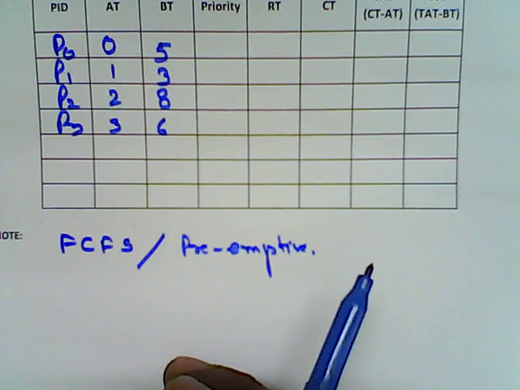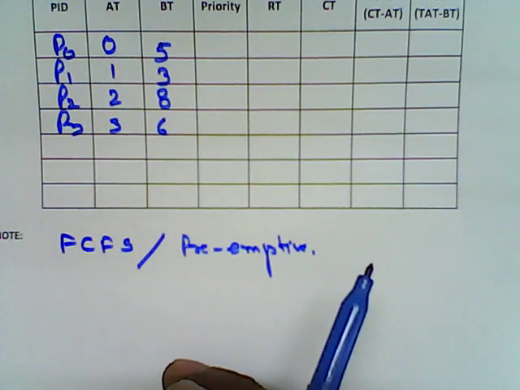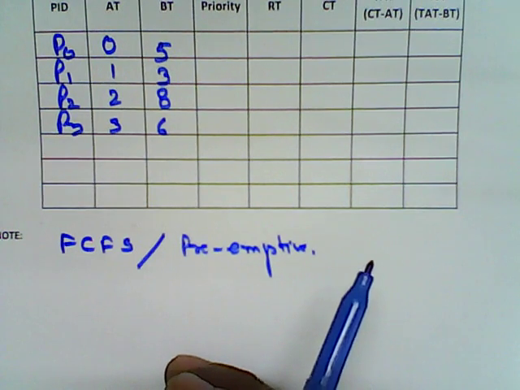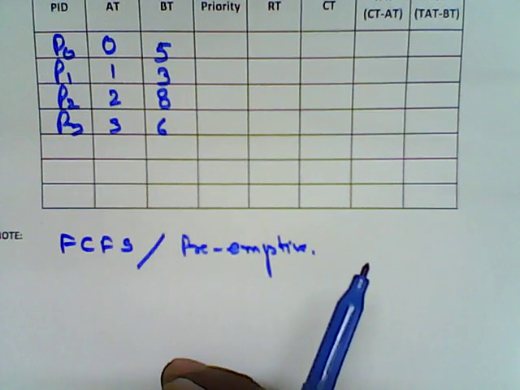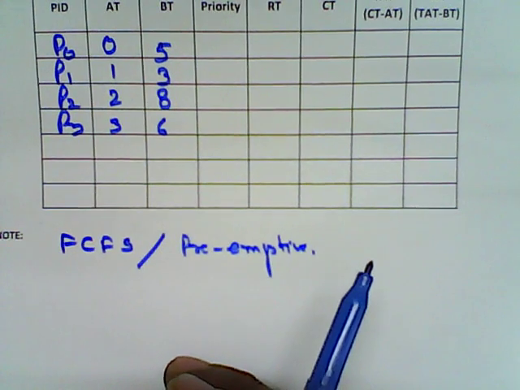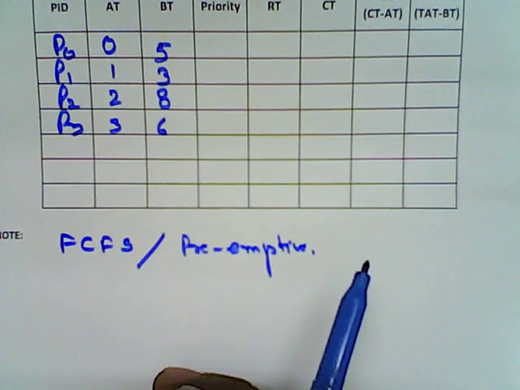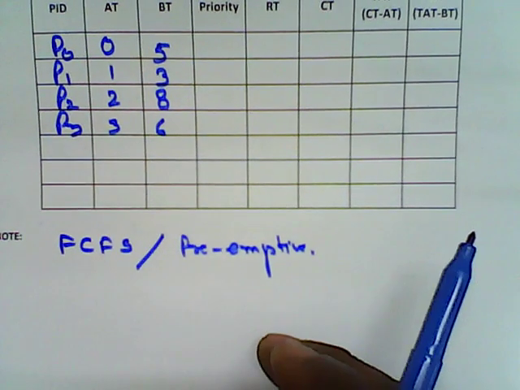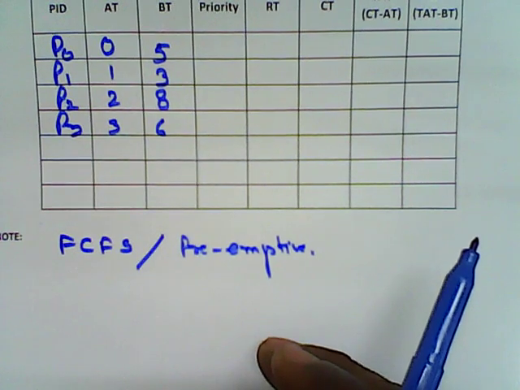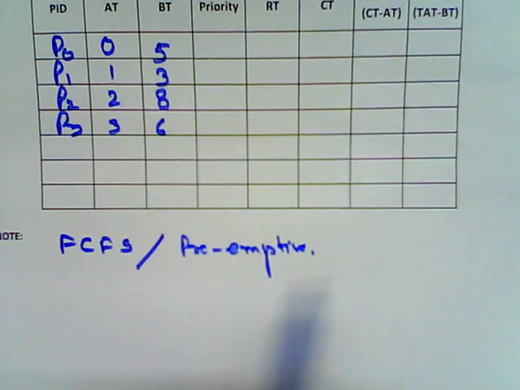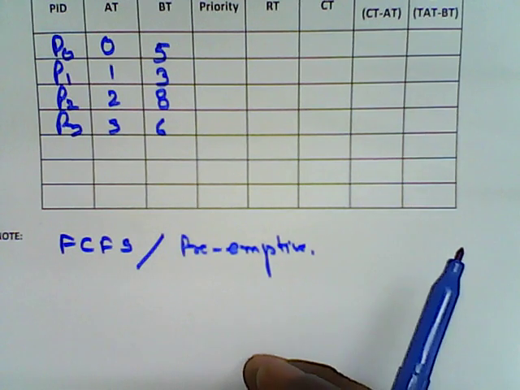That means if the quantum time is given, say t seconds, then within that t seconds the process needs to compute. Otherwise the particular process will be considered a faulty process.